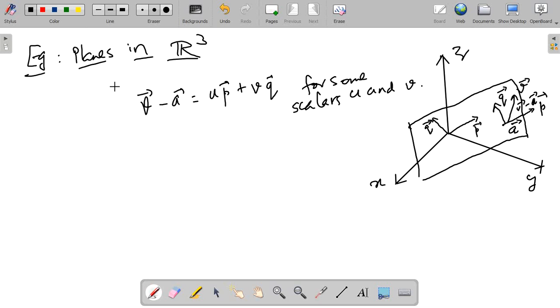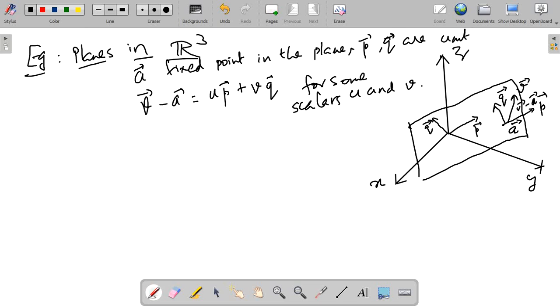What is A? A was the fixed point in the plane. And what are P and Q? P, Q are unit vectors passing through the point A. They can be transferred, of course, to the origin.